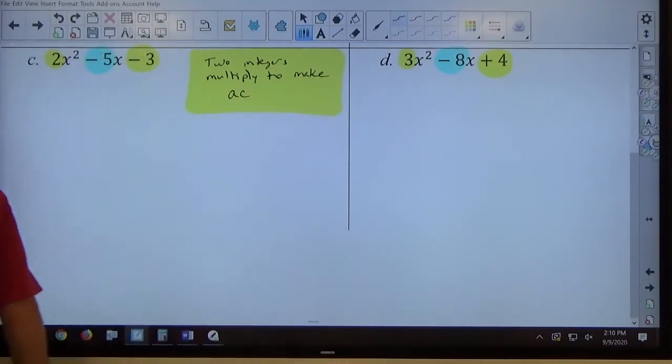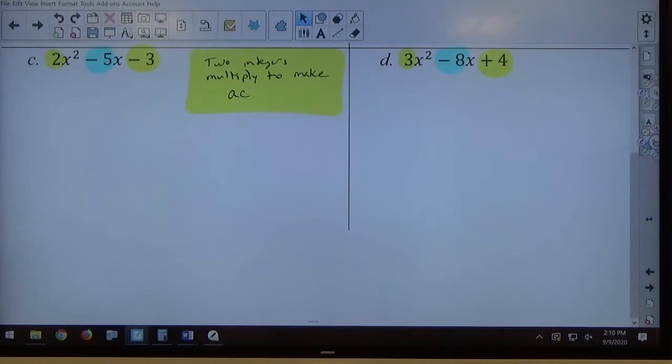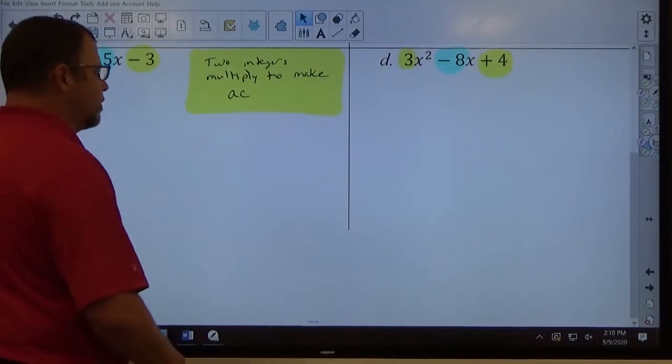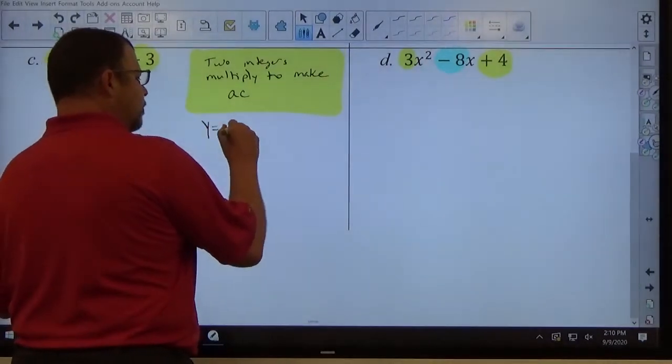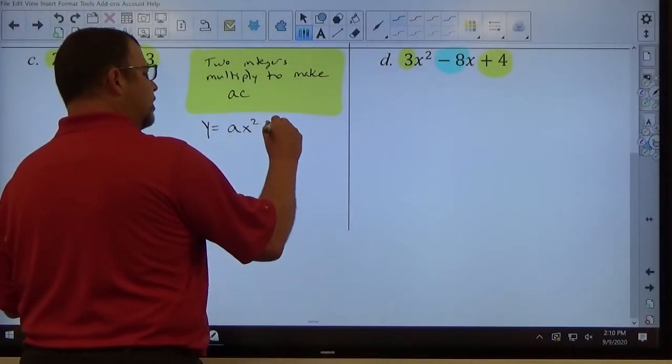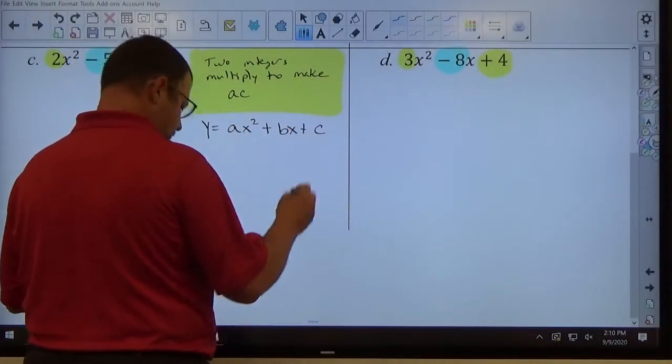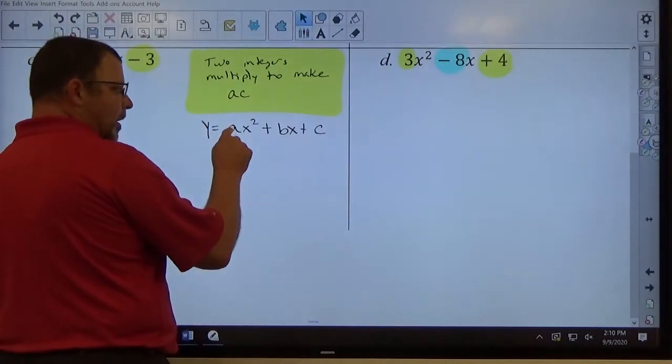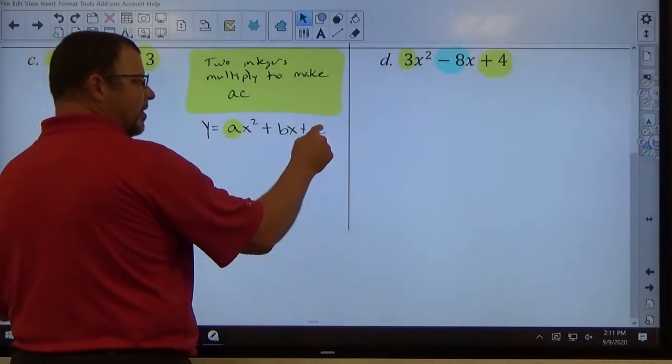We've already looked at quadratic structures in this class this year, and the basic quadratic structure is y equals ax squared plus bx plus c, right? A is the coefficient of x squared and c is the constant.